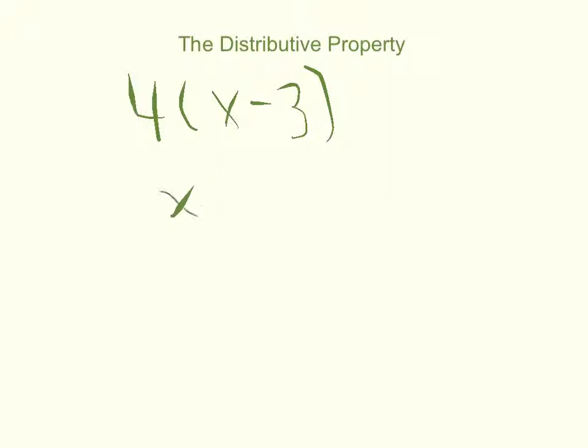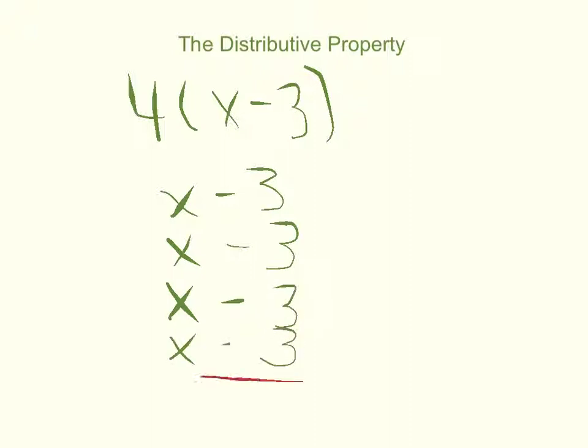So I have x take away 3 plus x take away 3 plus x take away 3 plus x take away 3. So I have x plus x plus x plus x that gives me 4x. And then I have negative 3 plus negative 3 is negative 6, plus negative 3 is negative 9, plus negative 3 gives me a grand total of negative 12.